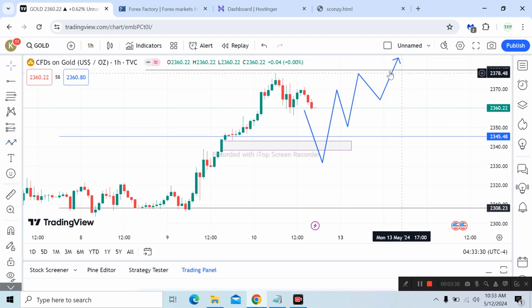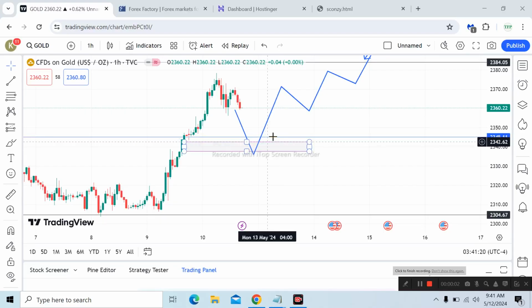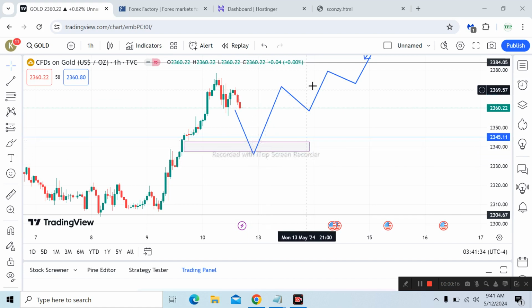Remember, we want to see price take out this area here. So we look for our setup in this area. When this happens, we look for our setup right in this area, and we take a buy setup to the upside.